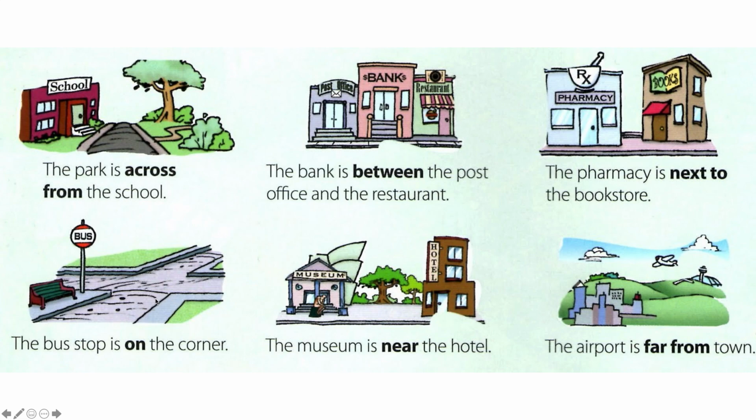We don't have that word in the book, but you can also use it to explain the position of something. On the corner. The museum is near the hotel. Nearby. And the airport is far from the town, for example. As you can see, the job of these words in a sentence is to express the position of different things.